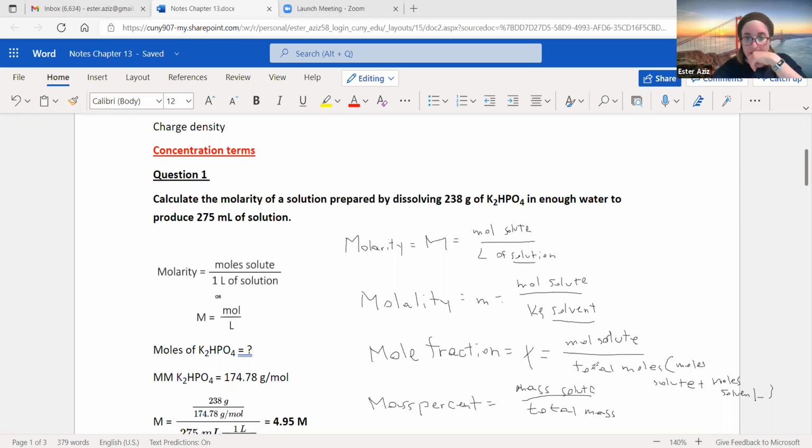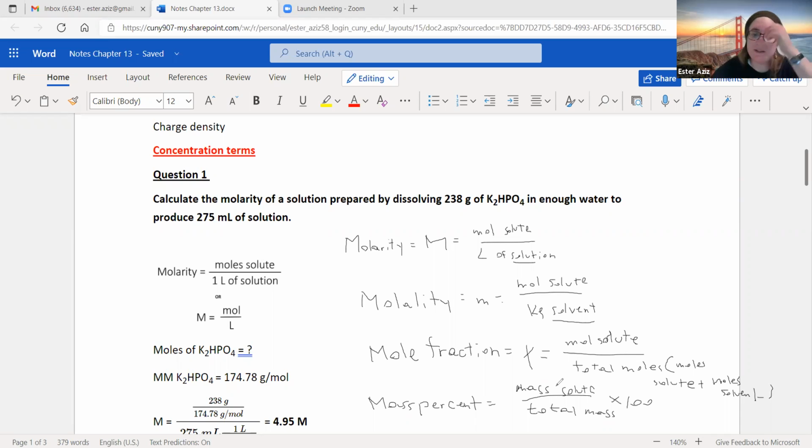Then you multiply by 100 because it's mass percent. So it's kind of like a mass fraction, but multiplied by 100. There's also volume percent, in which you will have these two terms in terms of volume instead of mass.